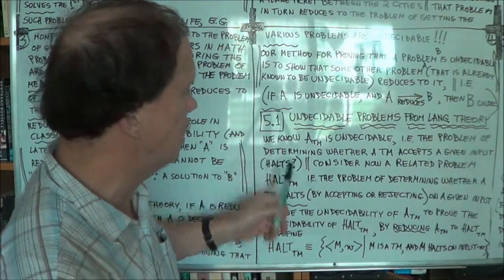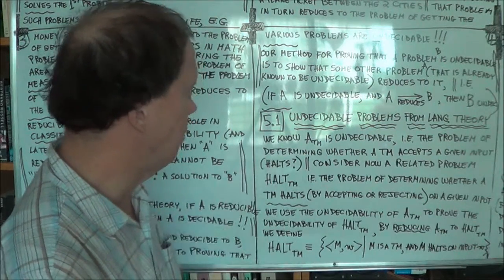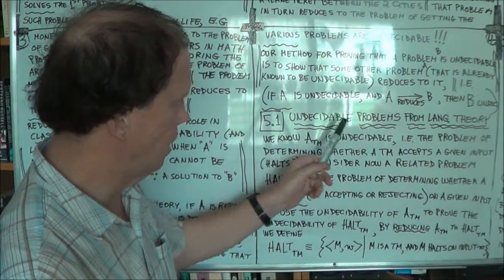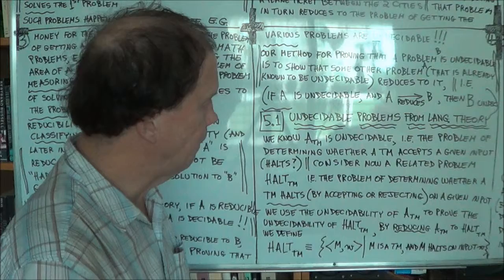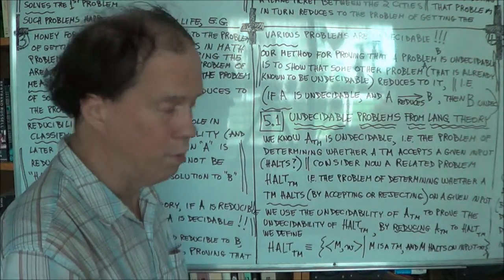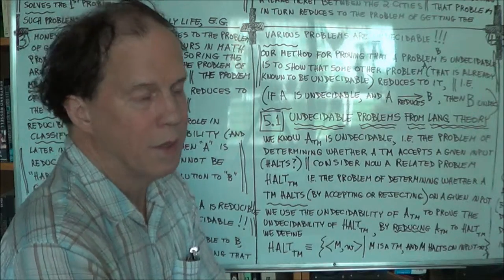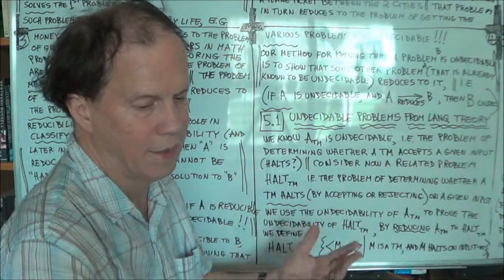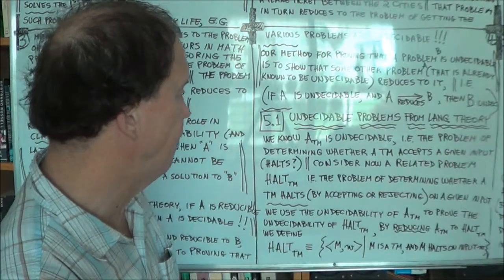Okay, so all this was preliminary. Now we get into our first section in the chapter. So chapter 5, section 1. We're now going to talk about a certain family or class of undecidable problems, and they're from language theory. Languages in the sense of a set of strings.